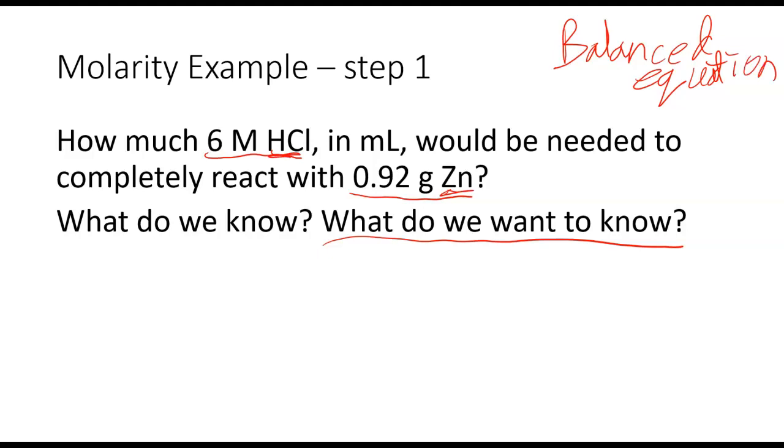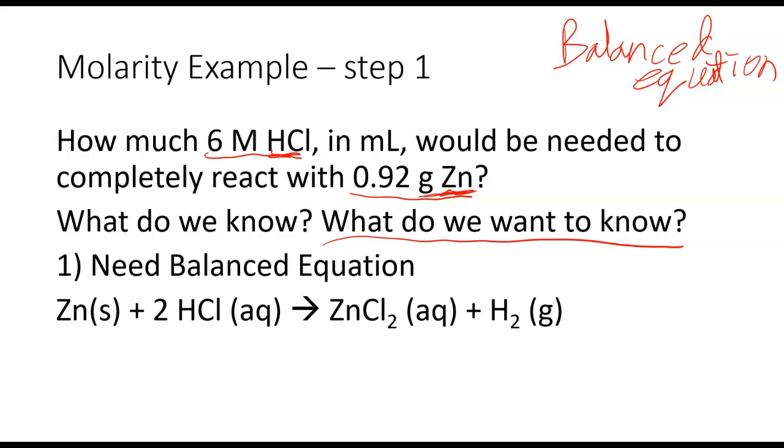So remember, if you are dealing with 2 different compounds here, you're going to need a balanced equation to convert between them. And we're going to need to also make a plan. So I'm going to first look at our balanced equation. This is the balanced equation for zinc reacting with hydrochloric acid to form zinc chloride and hydrogen gas.